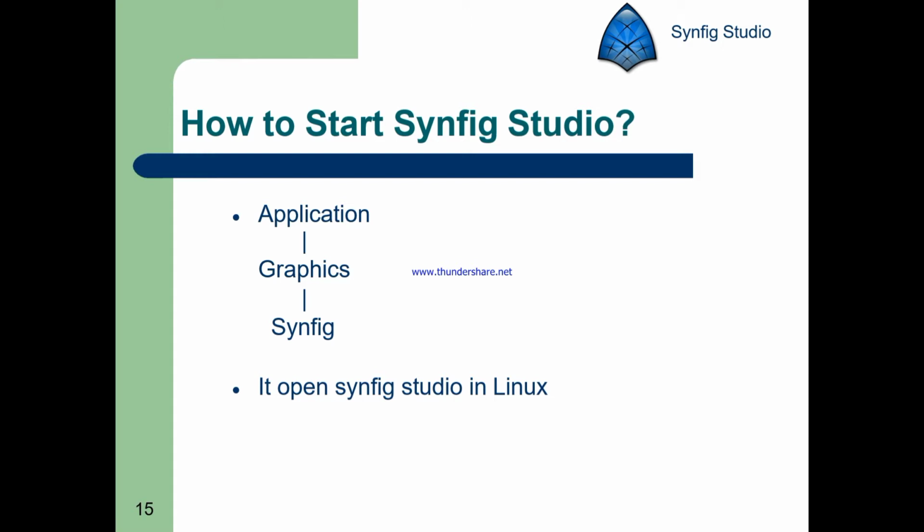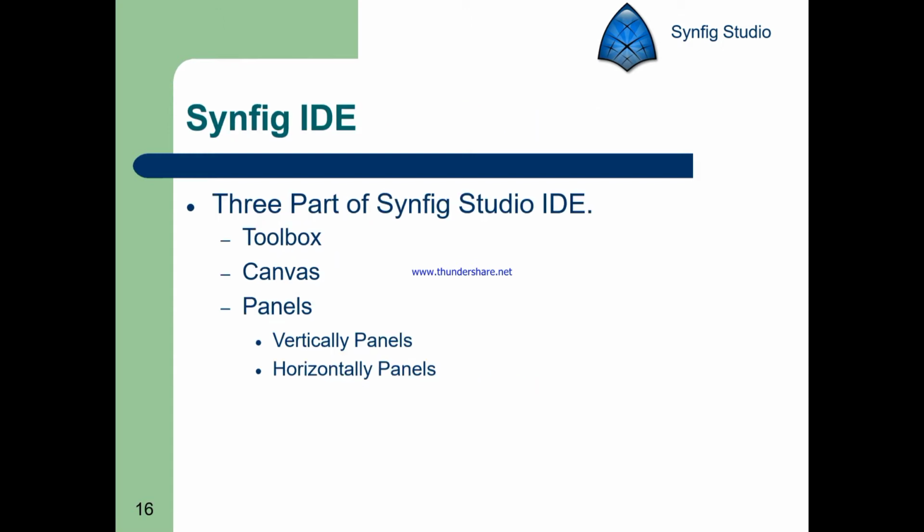Then how to create a new file, how to start Synfig Studio. So first of all, application, then graphics and then Synfig. It opens Synfig Studio in the Linux operating system.